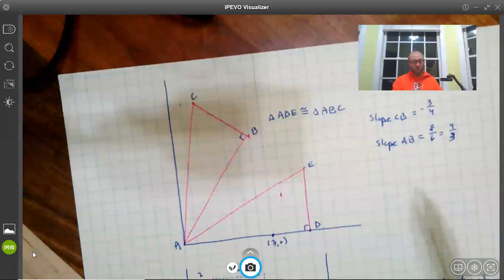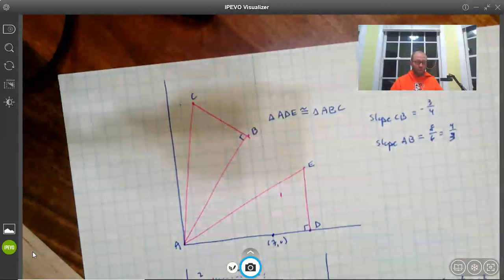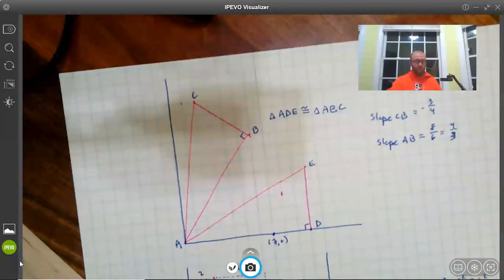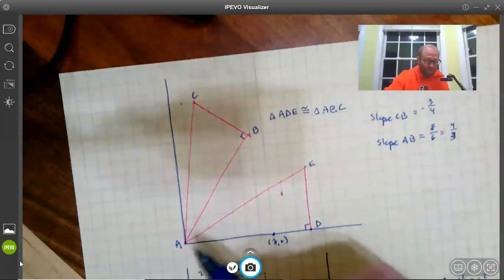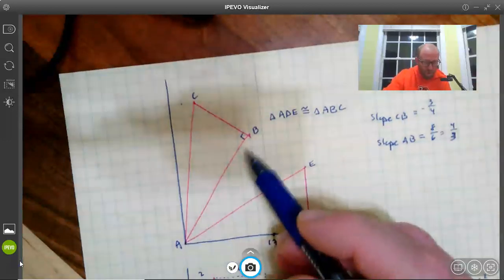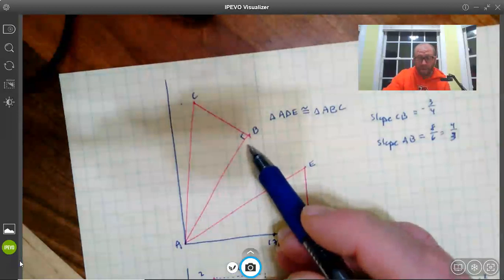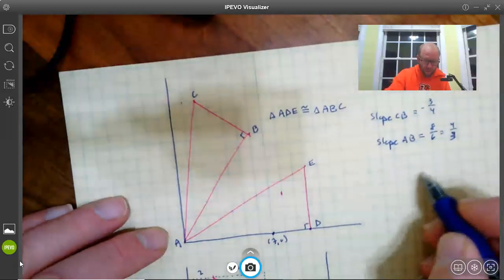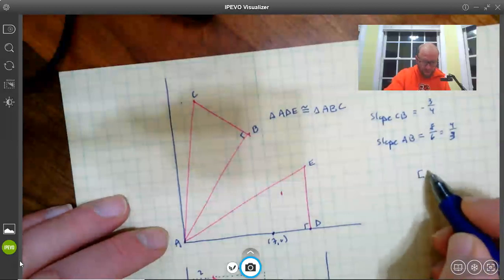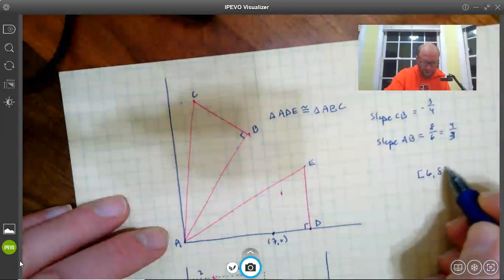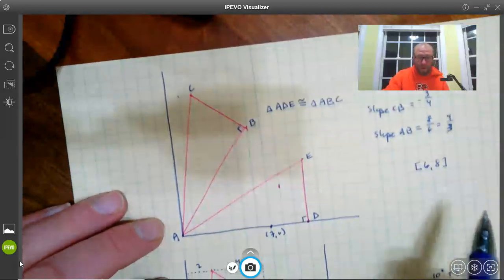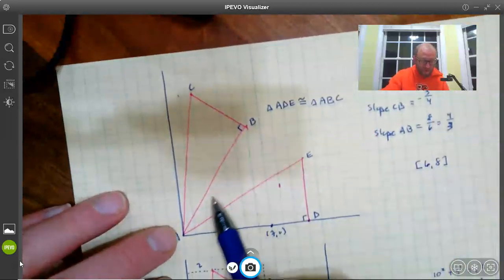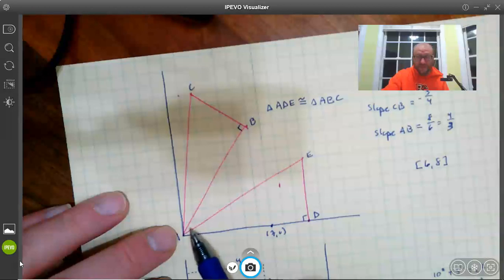Alright, the easiest way is to think of the vector that goes from A to B, the vector 6, 8, and we want to find a vector that is 7/10 as long, right?